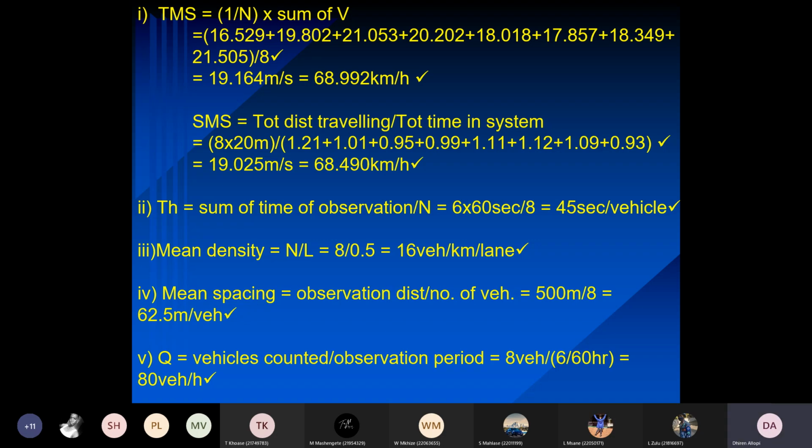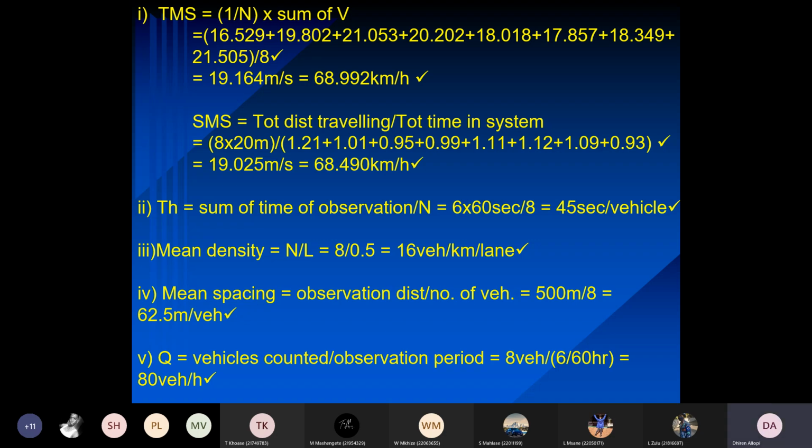So 6 minutes divided by 60 will give you hours. Don't forget correct conversion. That now gives you your units in hours. So if you work that out, 8 divided by 6 over 60, you should get 80 vehicles per hour. So there you have your flow in vehicles per hour.